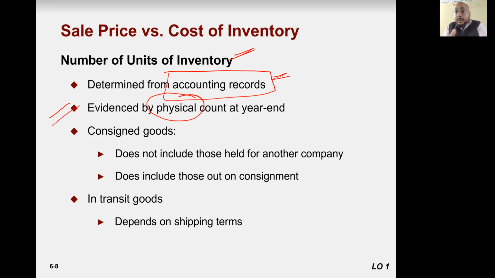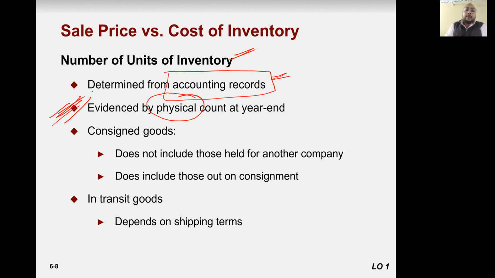So the word auditing in the inventory section is basically this: you are physically counting the inventory in hand, whether the accounting records match with the physical records in the store or not.